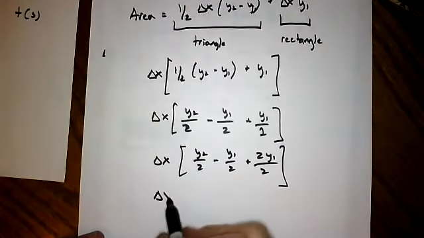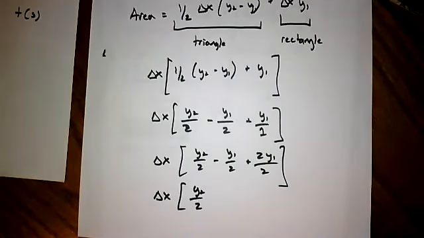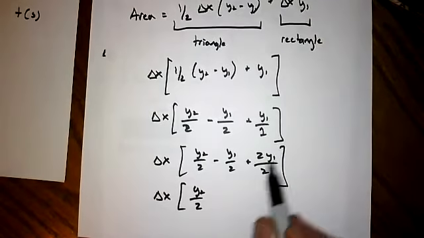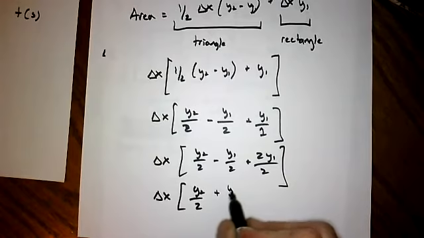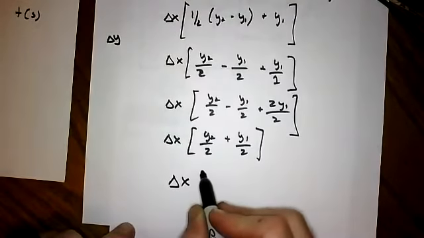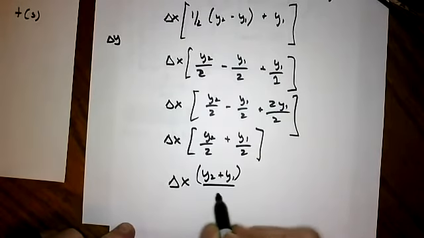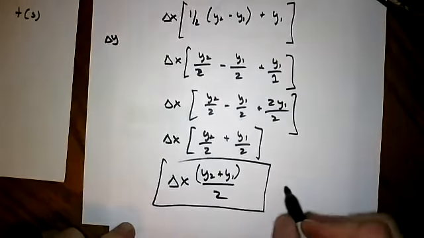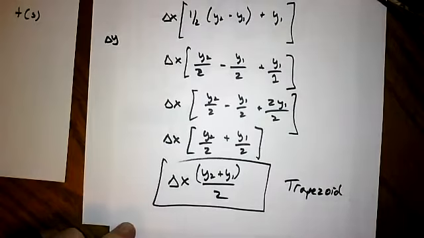Let's reduce it again. y2 over 2, negative y1 plus 2y1 over 2, and now we can do that, and I get plus y1 over 2, or delta x times (y2 plus y1) over 2. And that is the area for a trapezoid. Oh my gosh, can I spell it? Trapezoid.